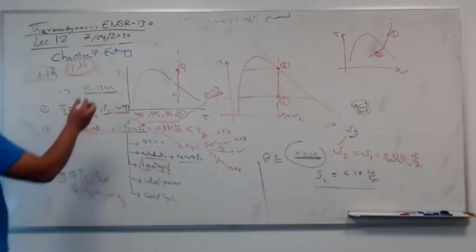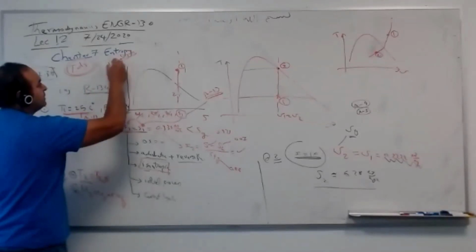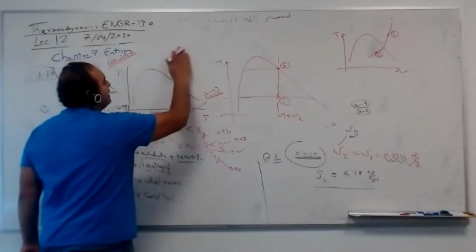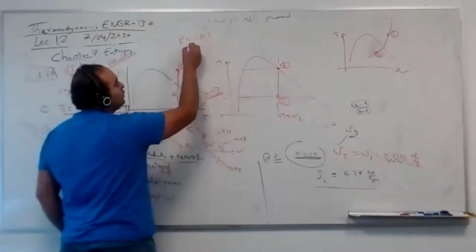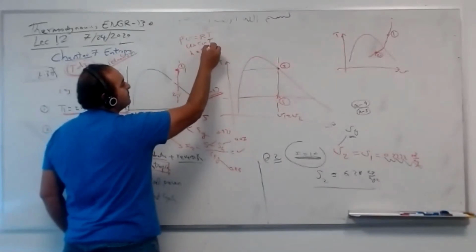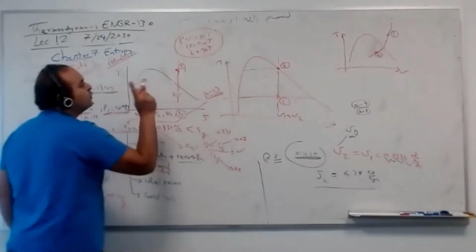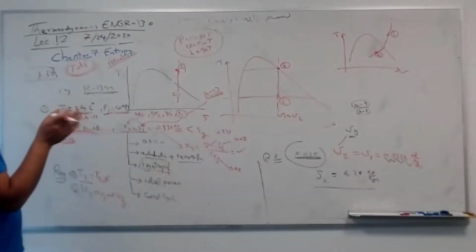And we're going to go also for gases, ideal gas. That's very important. So for example, if you have gas, PV equals RT, u equals CvT, h equals CpT.